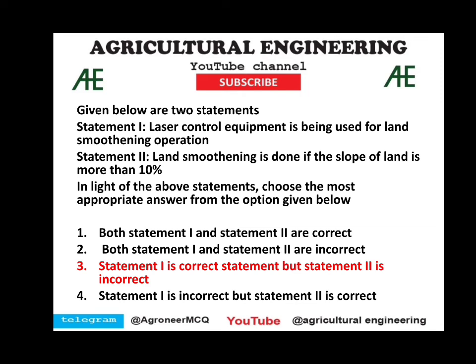Laser control equipment is being used for land smoothing operation. Land smoothing is done if the slope of land is more than 10%. So statement 1 is correct, but statement 2 is incorrect. Land smoothing is done if the slope of land is more than 10%. This is a wrong statement. So you have to find at what slope land smoothing is done.